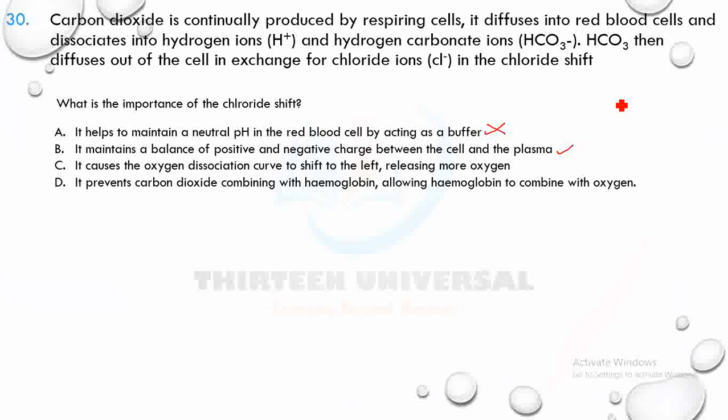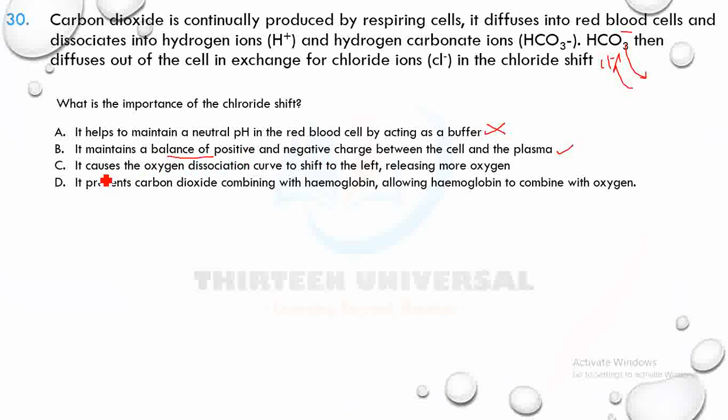Because in the chloride shift, hydrogen carbonate ions diffuse out of the red blood cell into plasma, while chloride ions diffuse in. Both are negative. When one negative leaves, the other negative ion joins to maintain the balance of positive and negative charges.